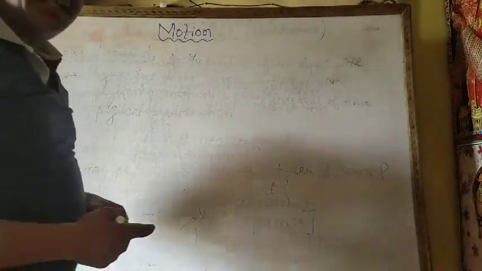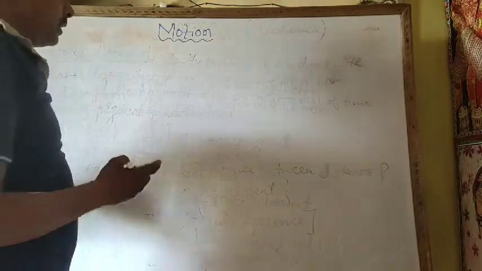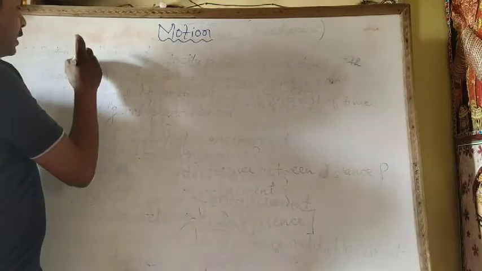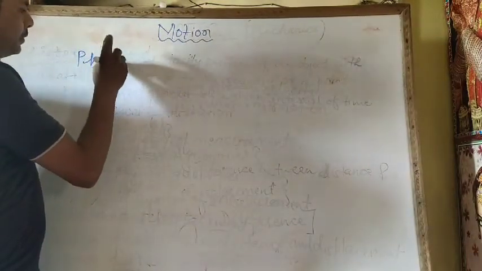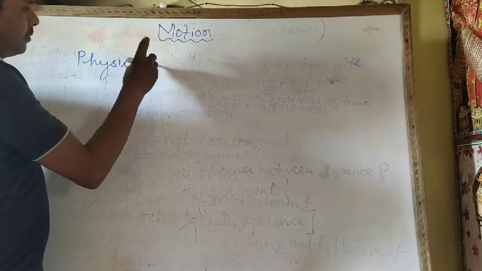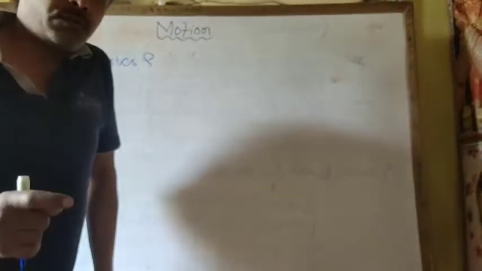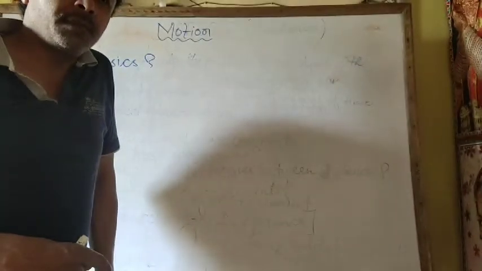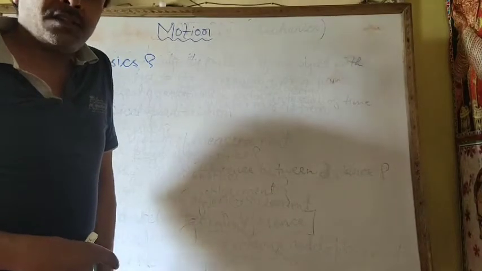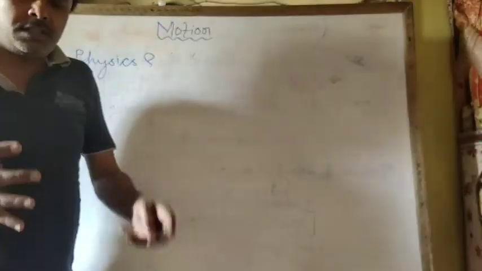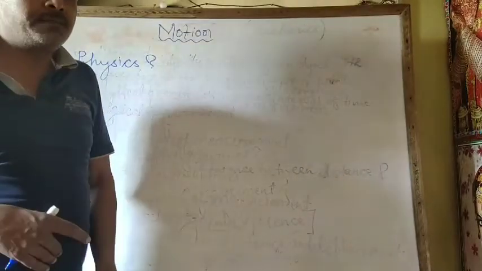So my dear students, first we will discuss what is physics. Physics is the most interesting branch of science. Actually, this is the science which connects you with the real world. Whatever you do in your everyday life can only be explained with the help of physics.